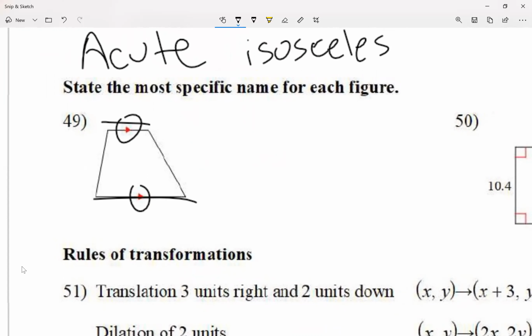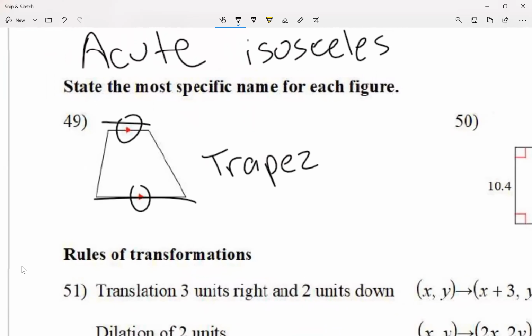So I'm just going to call this trapezoid. If these sides, so keep in mind it said if, those sides were equal, I will call it isosceles trapezoid. But because they're not, it's just trapezoid.